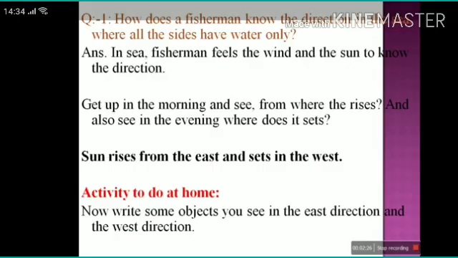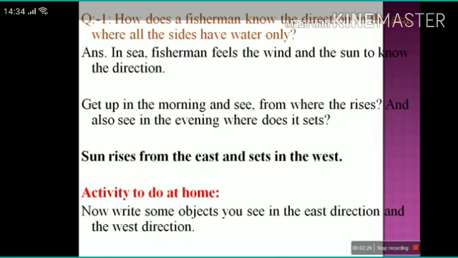Now listen, children, there is a question for you. How does a fisherman know the direction when he goes in the sea where all the sides have water only? The answer is, in the sea, the fisherman feels the wind and the sun to know the direction.